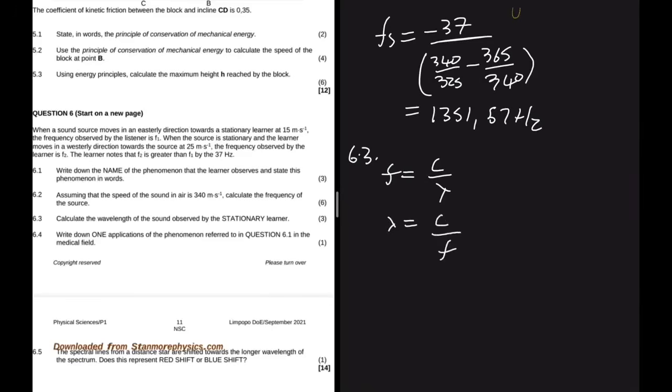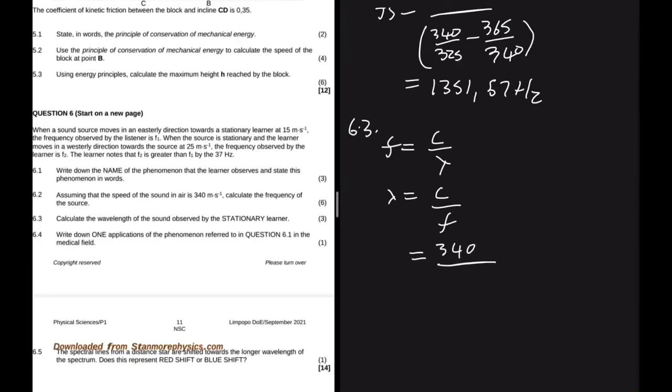And what is the speed? Because we're talking about sound in air, we are told that the speed is 340. And the frequency is what we just calculated, which is 1351.57, which equals 0.252 meters.